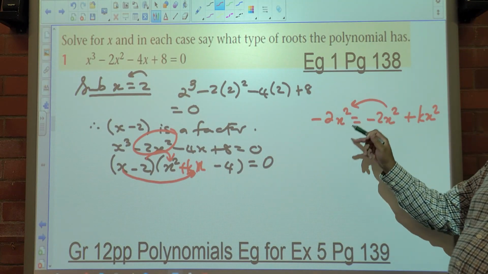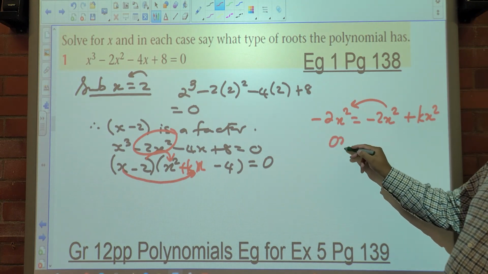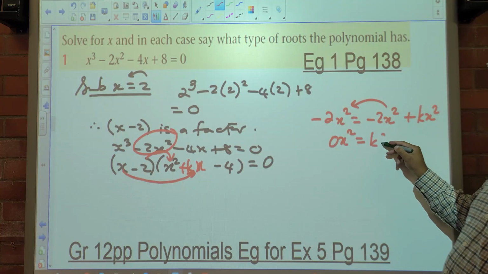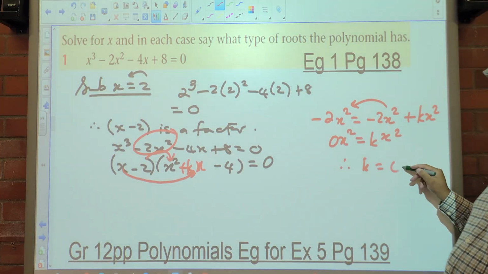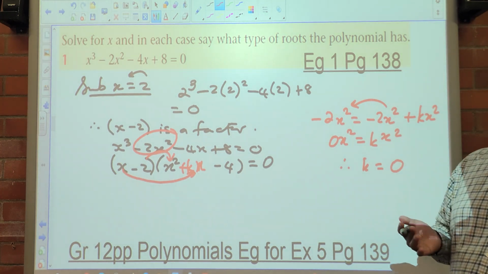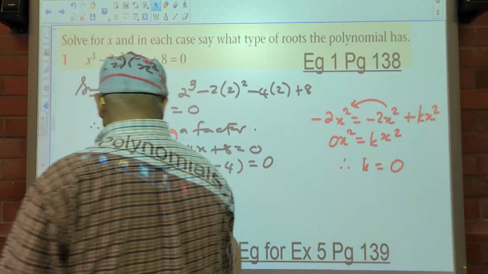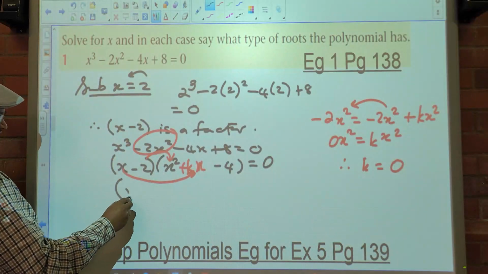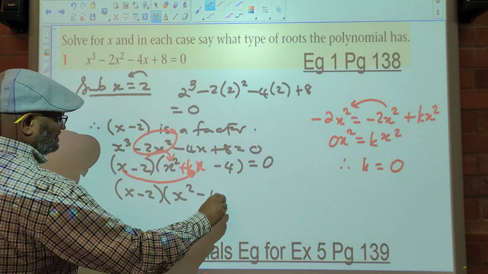But if we take that over the equal sign, what do I get? 0x squared. So 0x squared is equal to kx squared. So therefore k is what? k is 0. And what's 0 times x? 0. In other words, that's going to fall away. So I've got x minus 2 times x squared minus 4 is equal to 0.